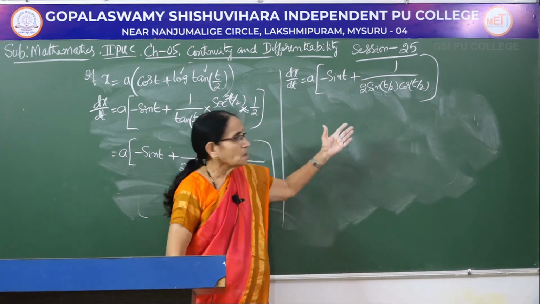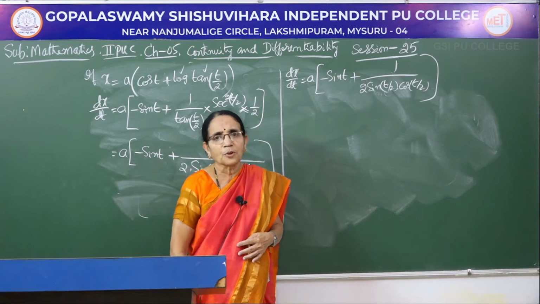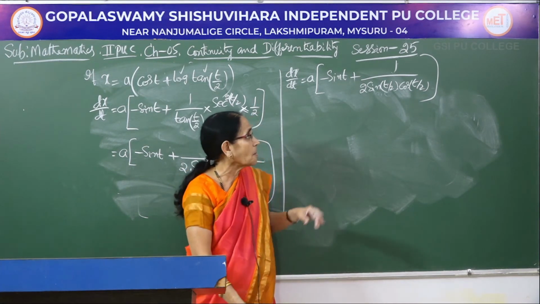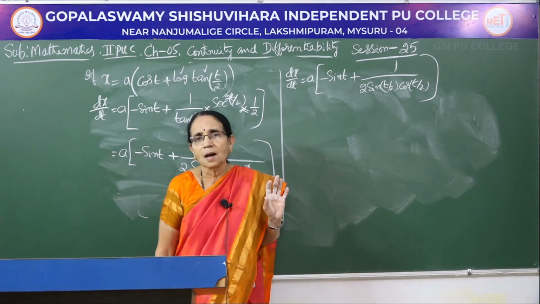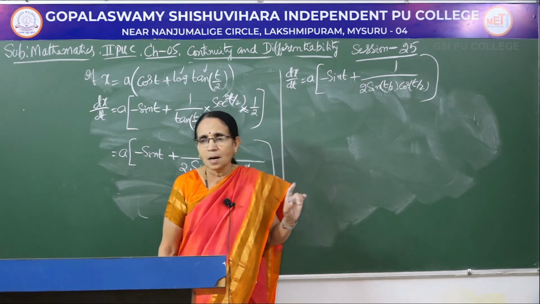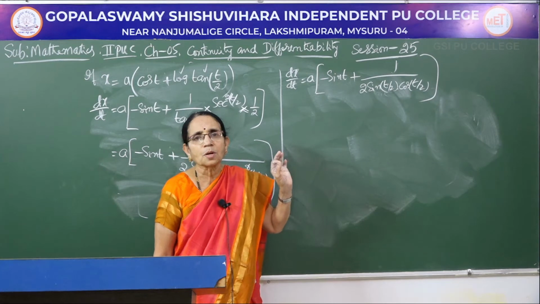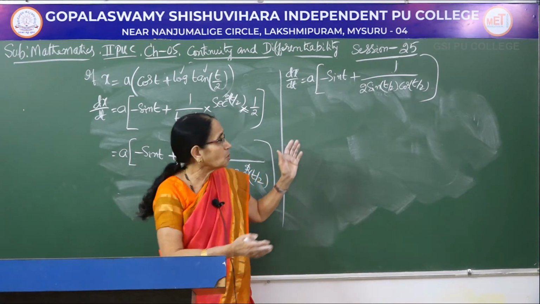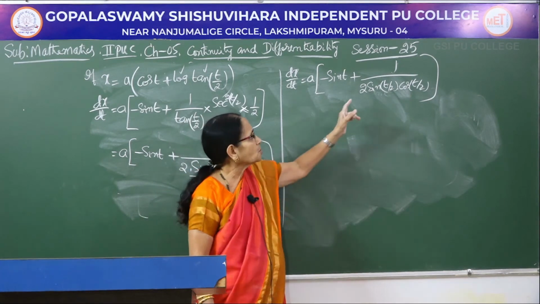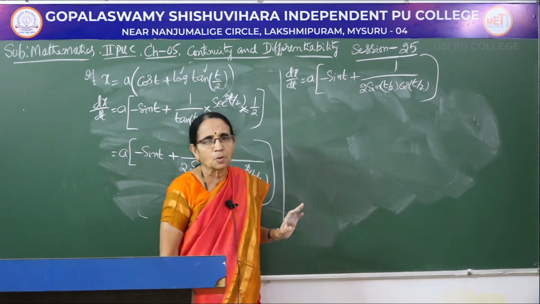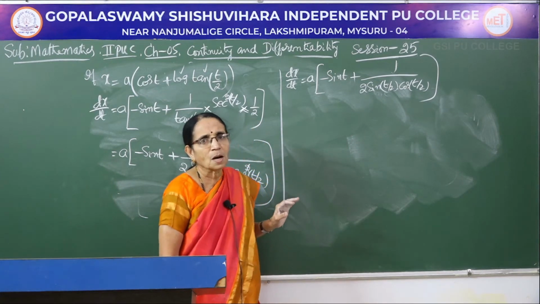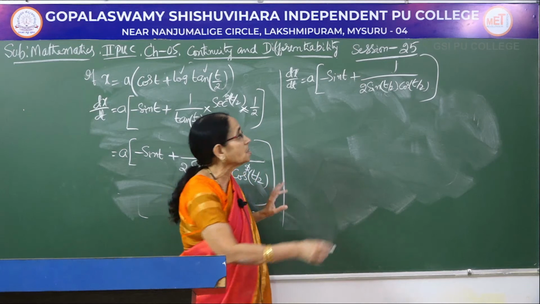See, in just the previous problem, the first problem I did in this session, I had written sin theta using the half angle formula as 2 sin theta by 2 into cos theta by 2. I am using it in the reverse order. 2 sin t by 2 into cos t by 2, using the half angle formula, could be written as sin t.